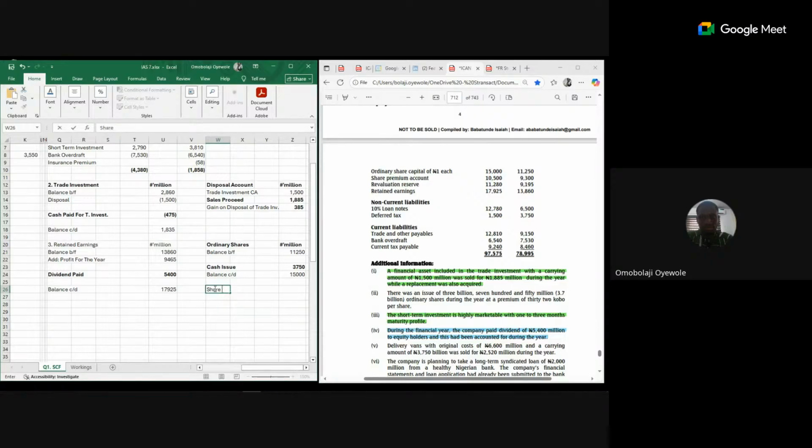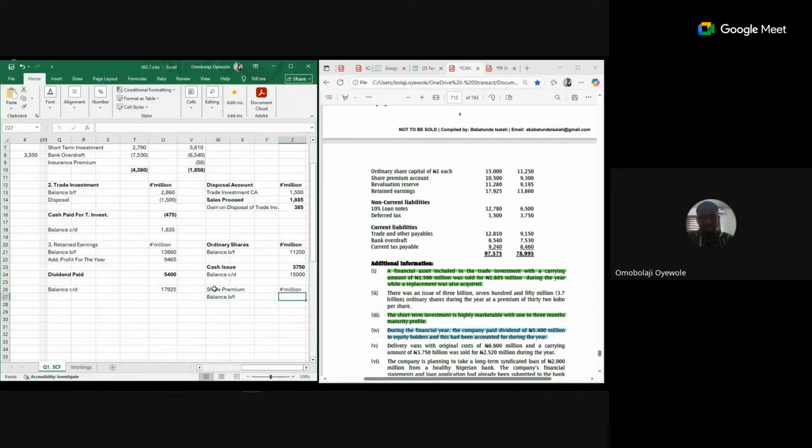Share premium. Now, some people will usually add both the ordinary shares and share premium together. It's not bad. But before you add it together, you must first check whether that share was issued using the share premium or retained earnings and share premium before you start adding both together. Balance brought forward.